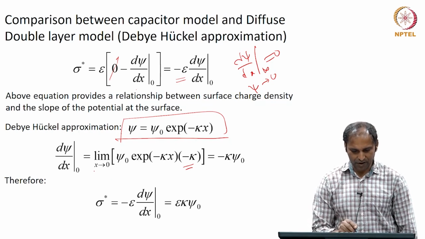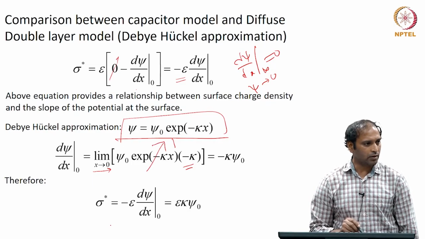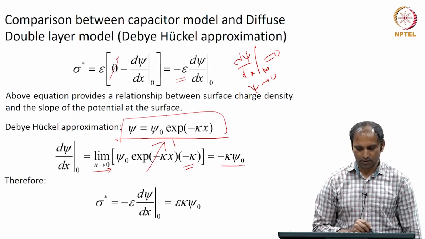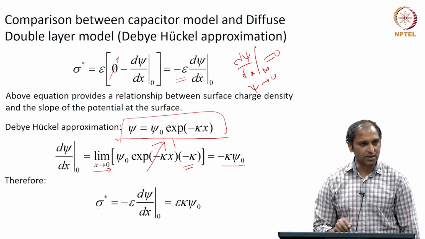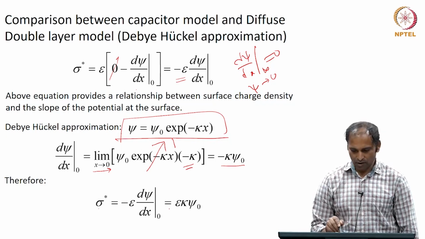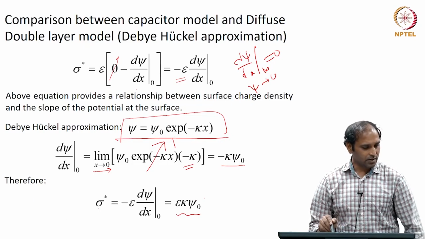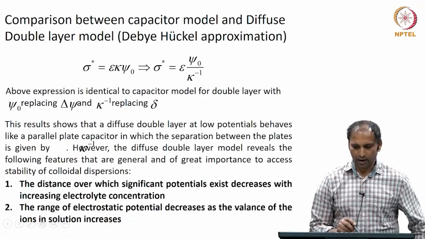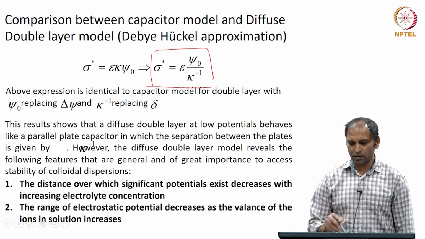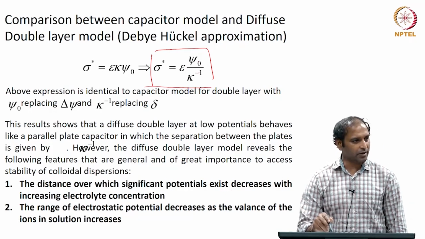Is it okay? And because for x tending to 0, this term becomes 1, I have minus kappa times psi naught. Therefore, sigma star, which is equal to minus epsilon d psi by dx at 0, will be equal to epsilon kappa psi naught. And therefore, I can rearrange this to get sigma star is equal to epsilon into psi naught divided by kappa inverse.